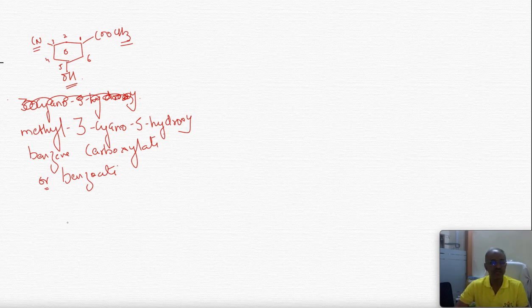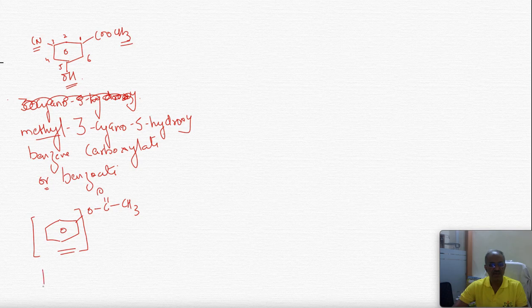Fine. Similarly, suppose O-C double bond O-CH3. Now this is also an ester, C double bond O-O-R means phenyl. Now since this O is directly attached to phenyl, the name of phenyl will come first, as in the earlier case O was directly attached to methyl, so methyl came first.